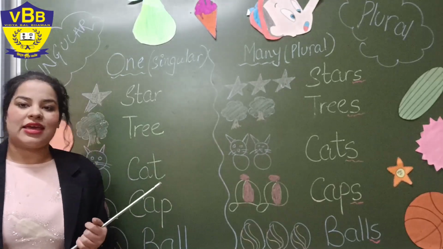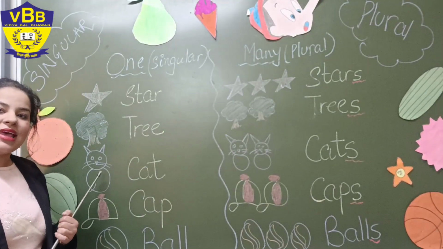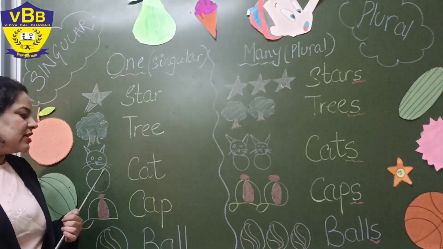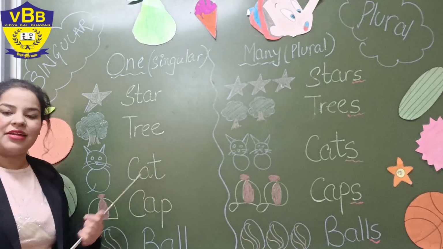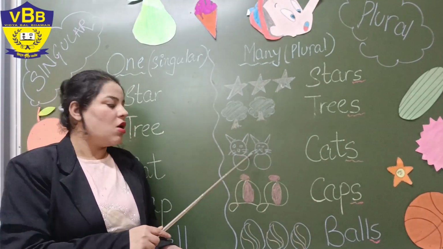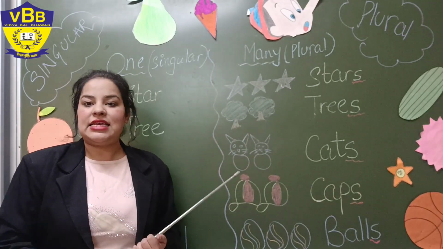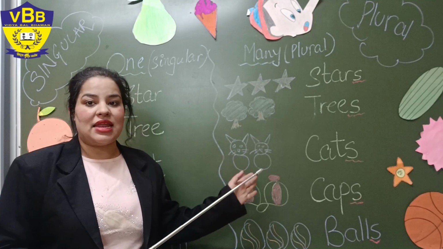So the next one is, here is cat. So how many cats are there? One. So this is one cat. C-A-T, cat. Now on the other side, how many cats are there? One, two. These are two cats, and what we can say, these are many cats.